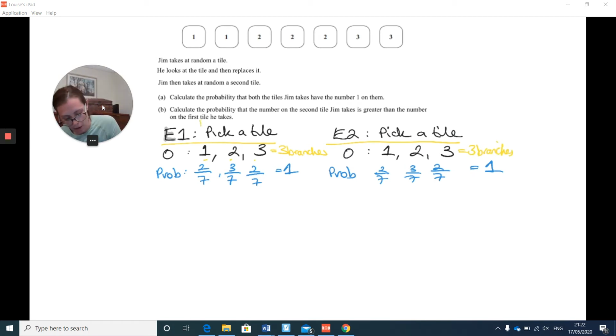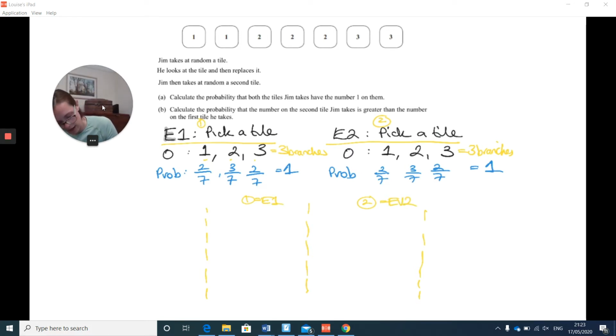So I've got 2 columns, and each of those columns has got 3 branches in them. This one represents event 1, and this one represents event 2.